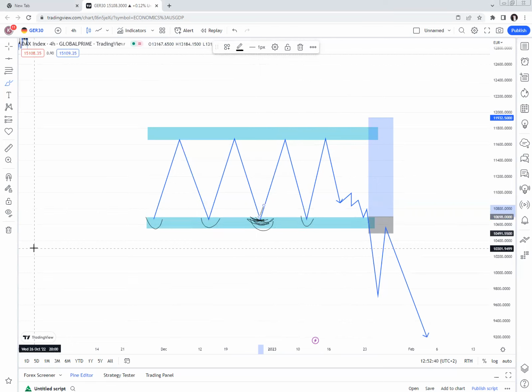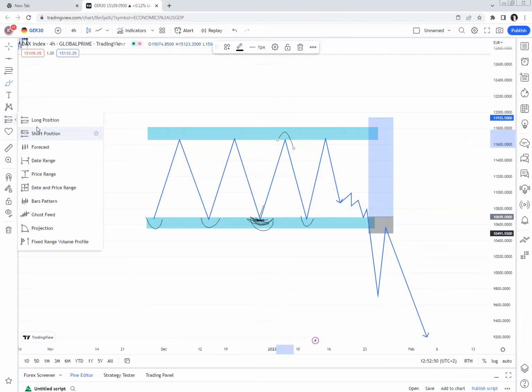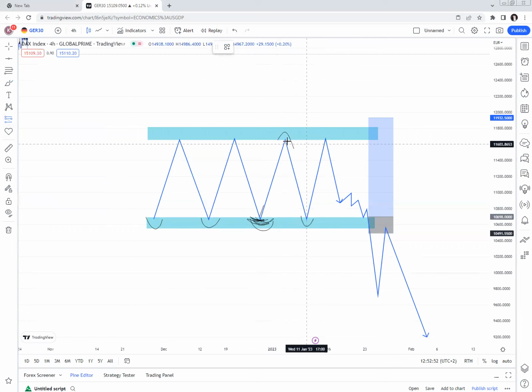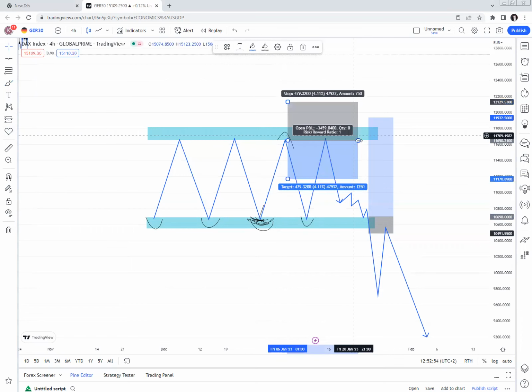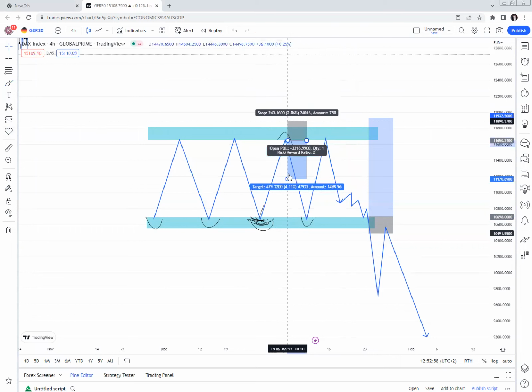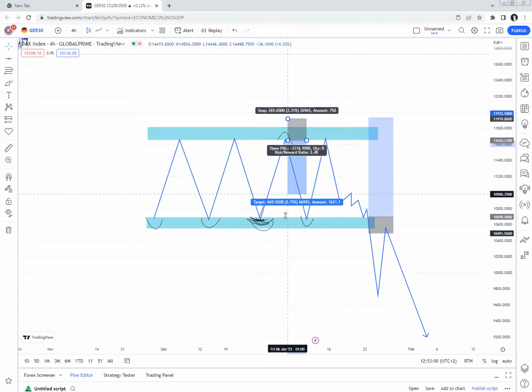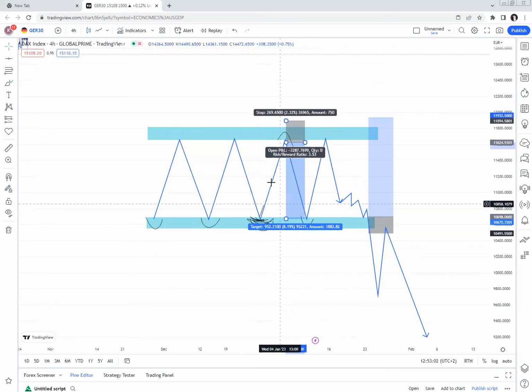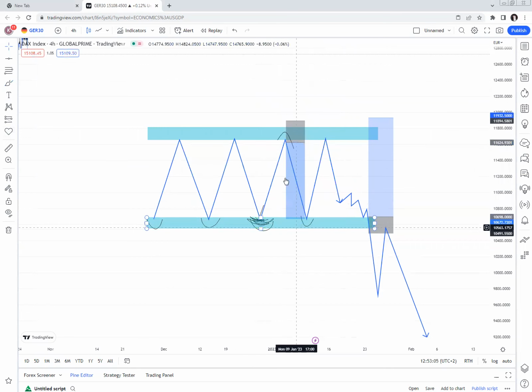If it's resistance, get the third touch: when it touches the resistance zone for the third time, that's where you execute, then target whatever you want to target. So we'll be using the third touch every time: the third touch on the support zone, the third touch on the resistance zone.